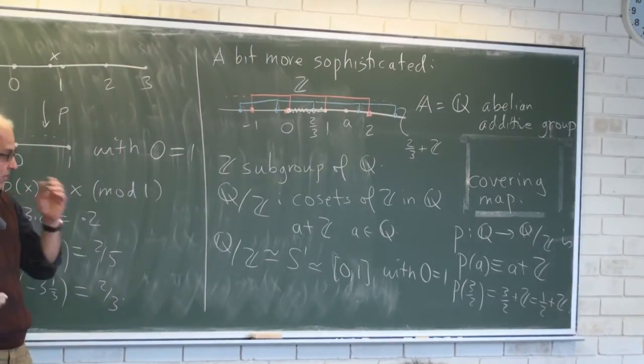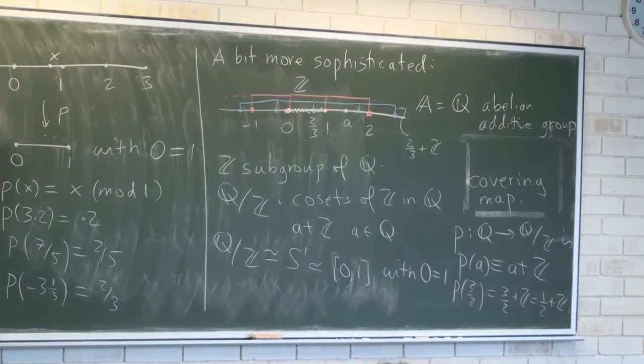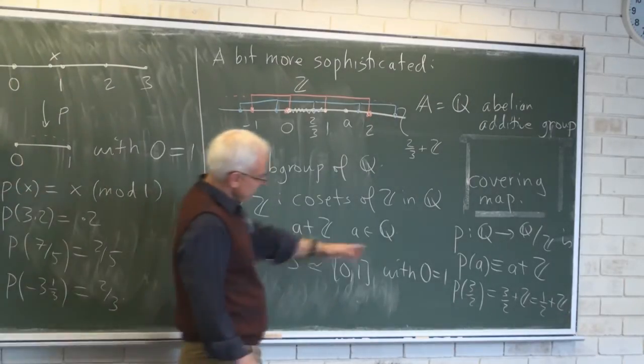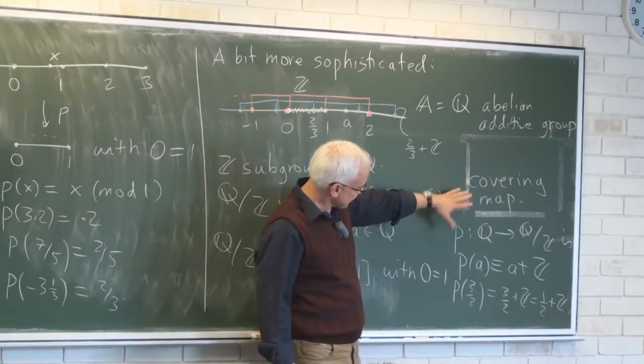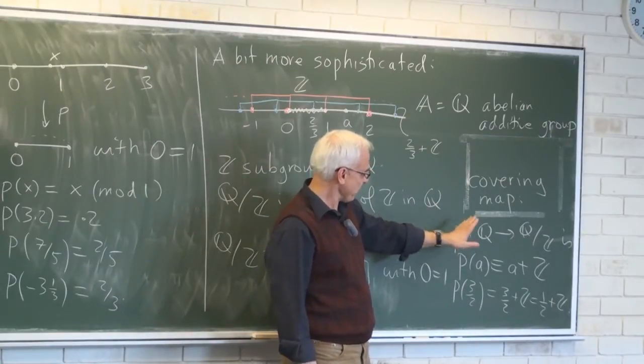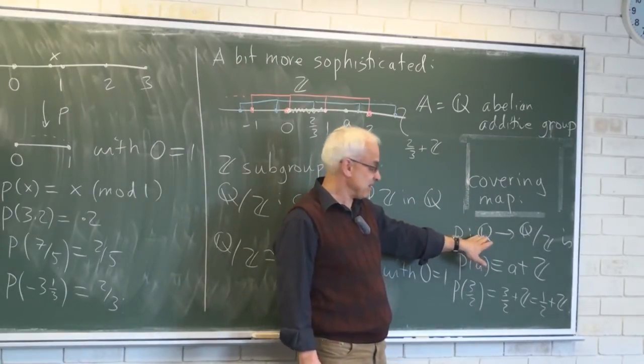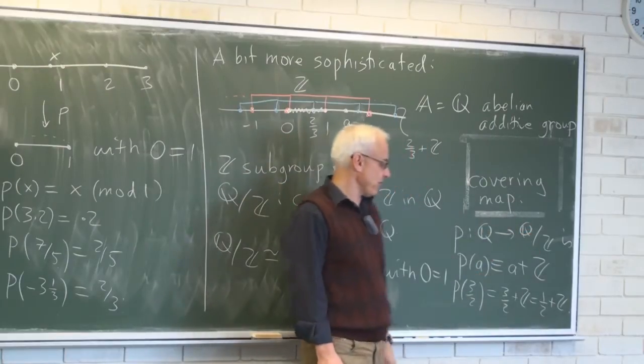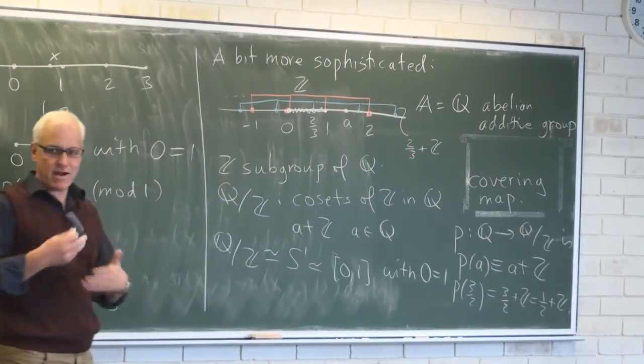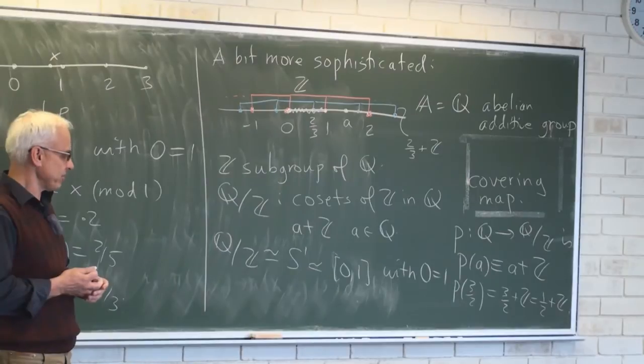In other words, removing an integer part. The advantage in thinking about it this way is that this is a rather general situation where we map from a space to a quotient of the space. That's a typical kind of covering situation.